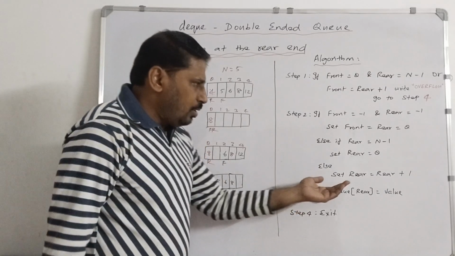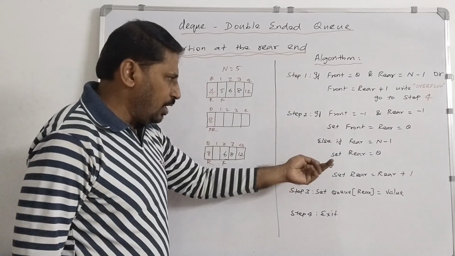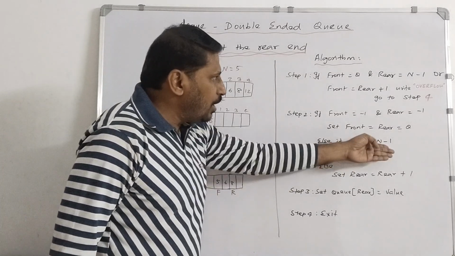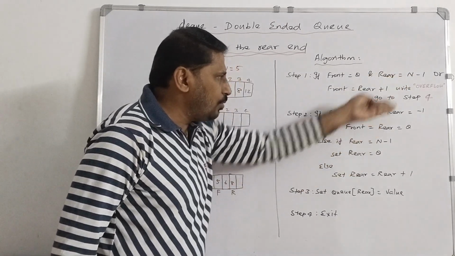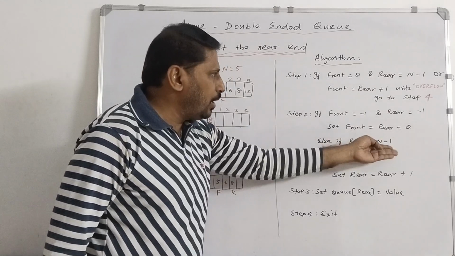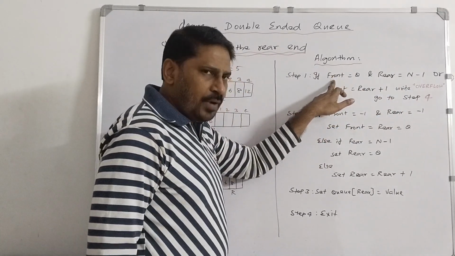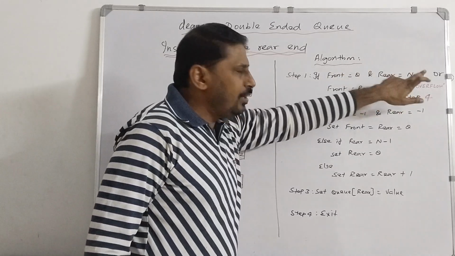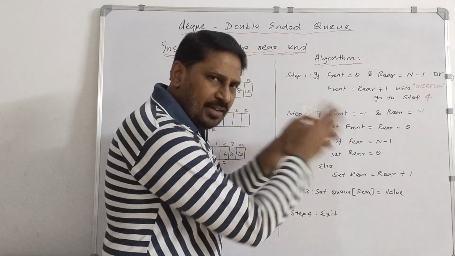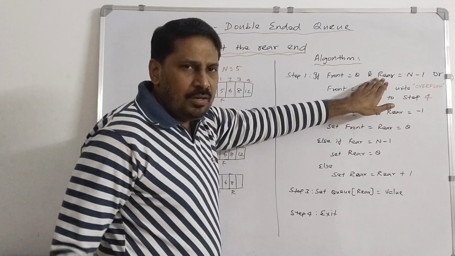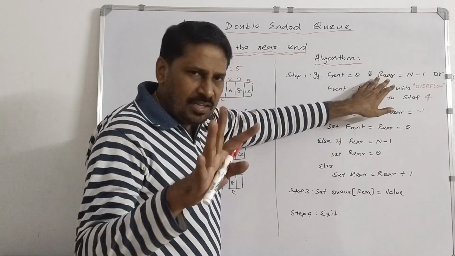Maybe you have some doubt: sir, what about rear is n minus 1? Already we checked rear is n minus 1, and here also we are checking rear is n minus 1. In the first case, we are checking two conditions: front equal to 0 and rear equal to n minus 1, and only in that case is the condition satisfied.